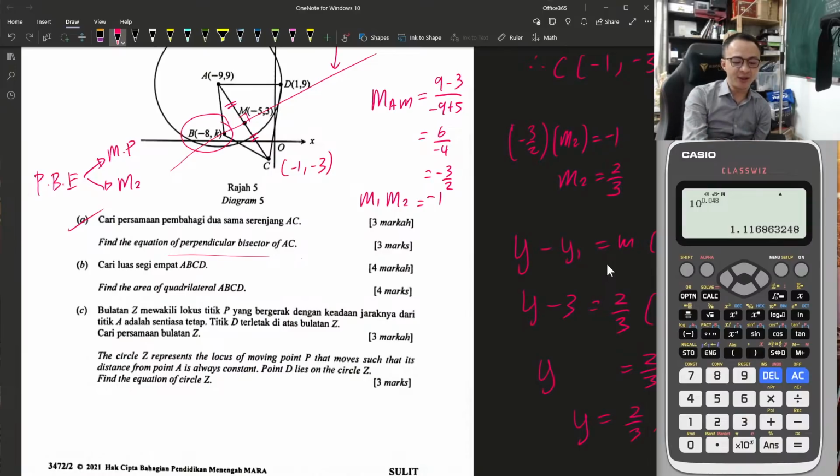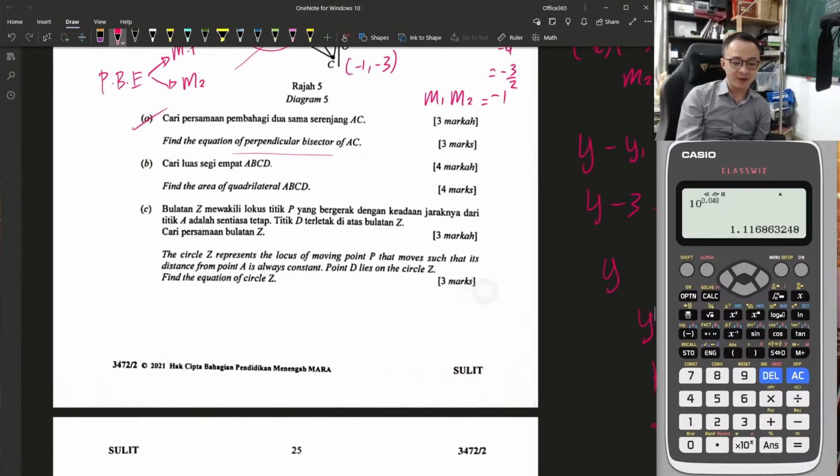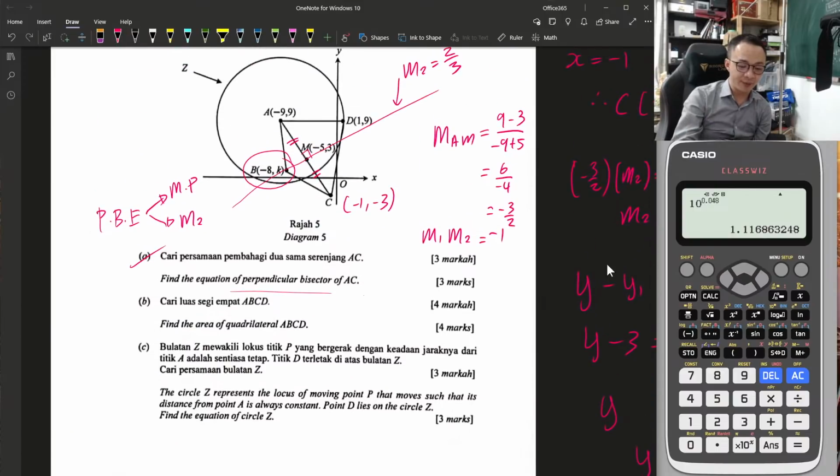For B here, x is -8, y is k. So it's -16, so k is 3 over 3, isn't it? Which is 1. Alright, so I got the coordinate: B is -8, 1.